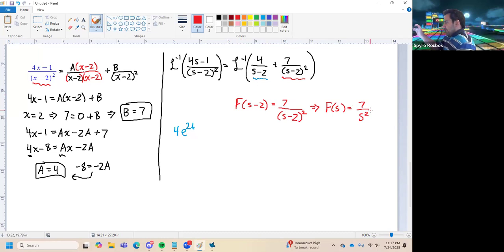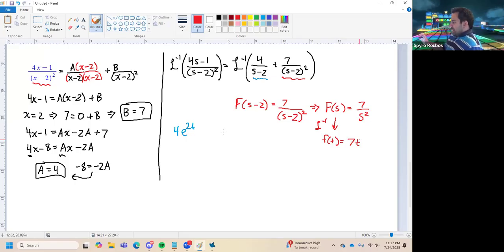As far as that goes, the inverse Laplace of that, little f of t, should be 1 factorial on the top, but 1 factorial is 1, so we're just going to get 7t, like t to the 1.